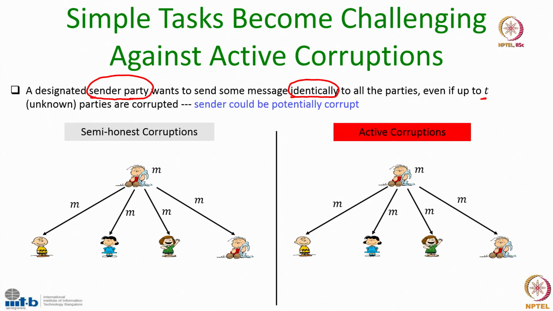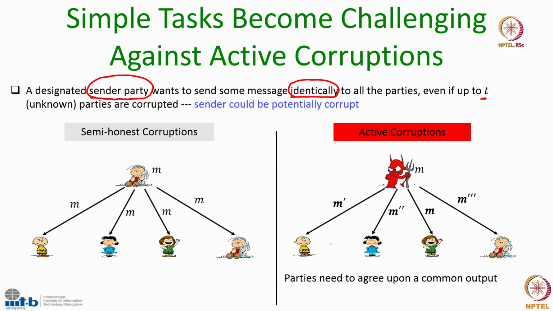But what if I run this protocol assuming a malicious adversary or active corruption? In this case, if the sender is corrupt, and remember we do not know whether the sender could get corrupt during the protocol execution or not, because we do not know which t parties the adversary might decide to corrupt, then this protocol simply breaks down, because the corrupt sender can send different versions of its message to different parties.